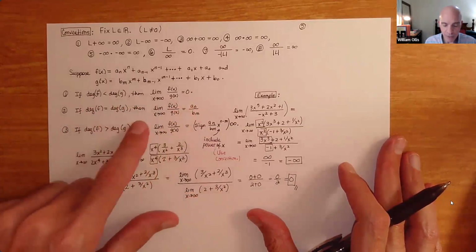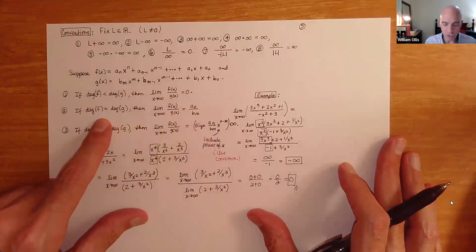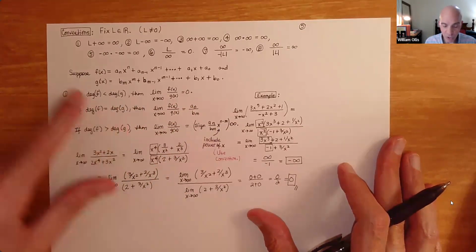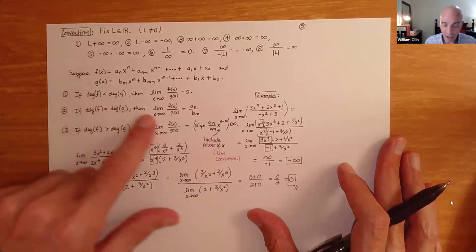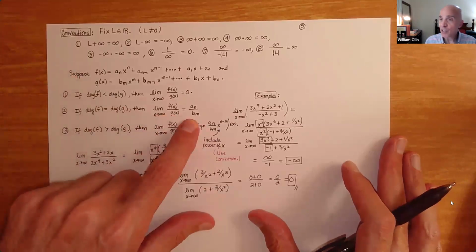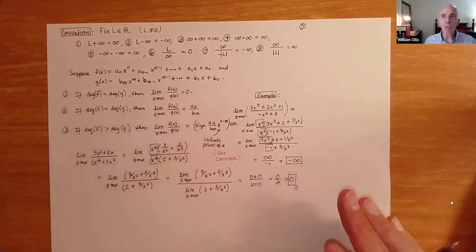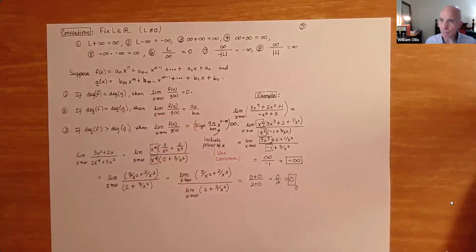And then one of the favorites, I think, of the students was when we had the degree of the numerator equal to the degree of the denominator. That would be an indication of checking the leading coefficients. Now, what's interesting here, and this is very important, when the degrees are the same, the largest powers of x, as they're factored, absorb.